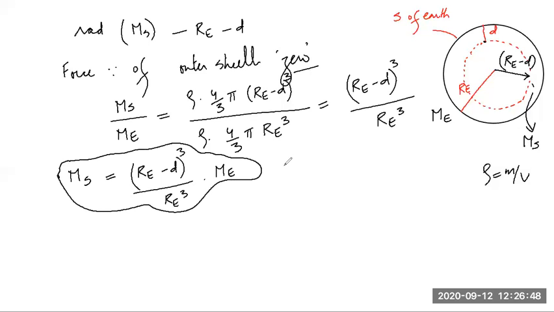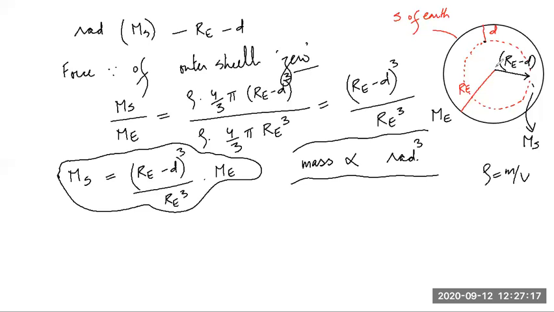So from this, I also have an understanding that mass is proportional to radius cube. I'm also having this understanding from these two terms. Okay, so what is the force on the point? Tell me, which radius are we talking about?